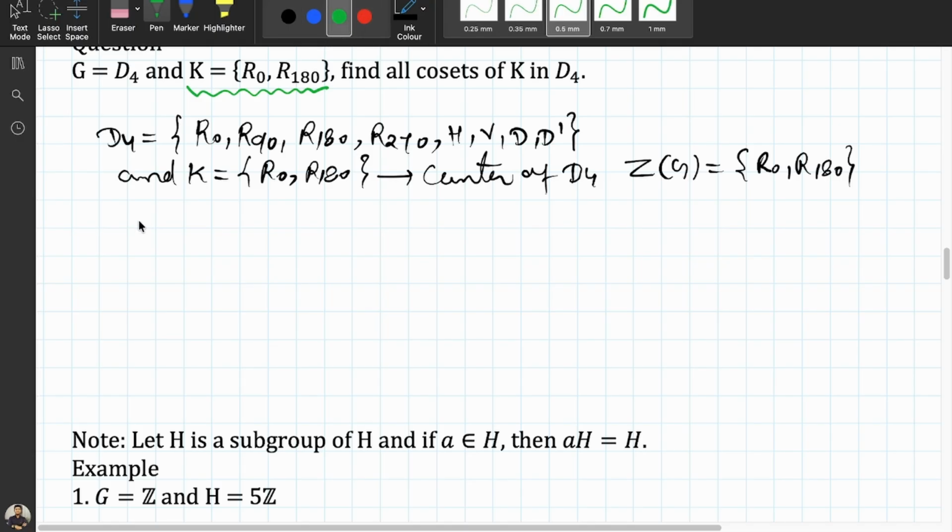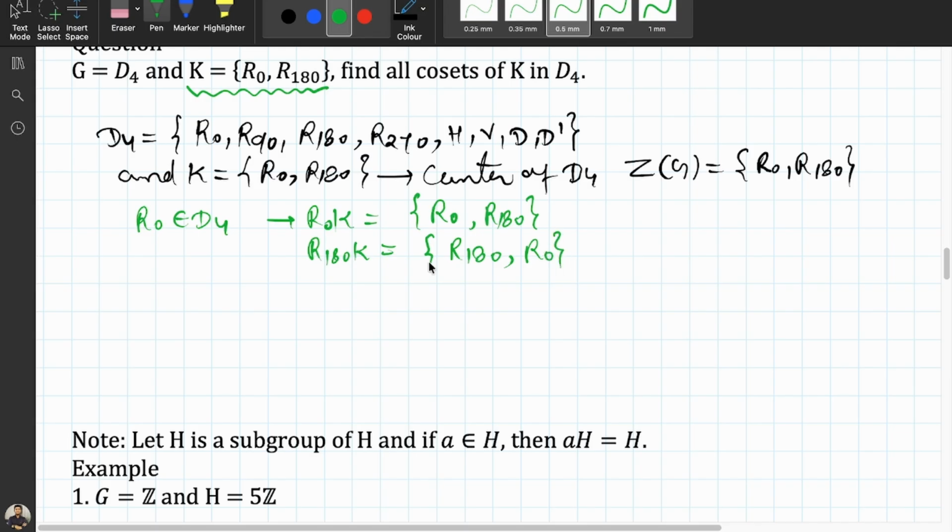From here, take R0 belonging to D4, simply R0 times K, which is going to be R0 and R180. Next R180 times K gives R180 and R180 with R180, that is R0.